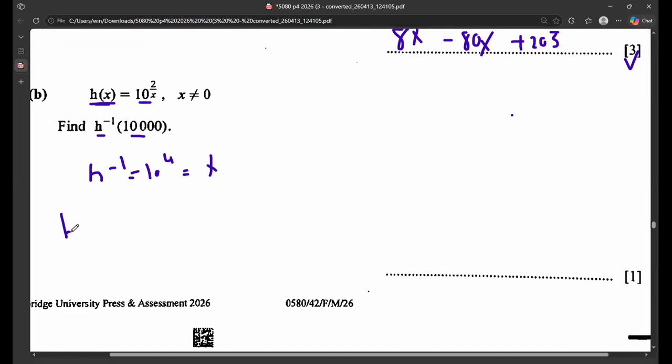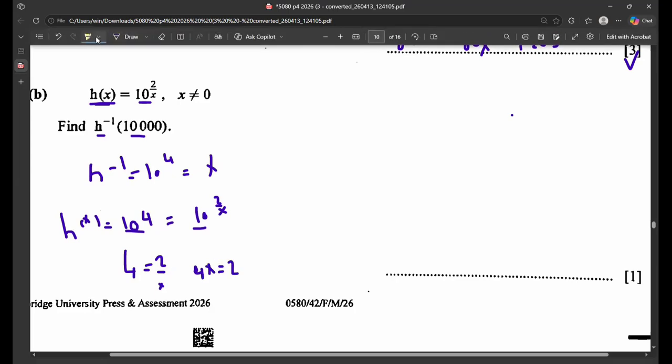So we say that h of x here is equal to 10 to the power of 4 equal to 10 to the power of 2 over x. Same basis, same power. So 4 now is equal to 2 over x. So 4x is equal to 2.